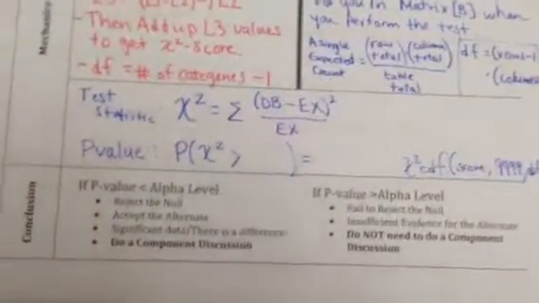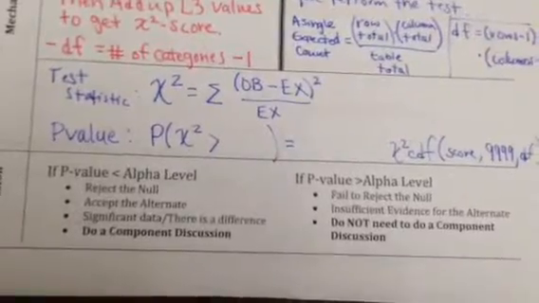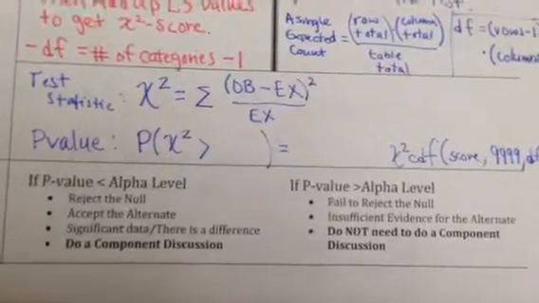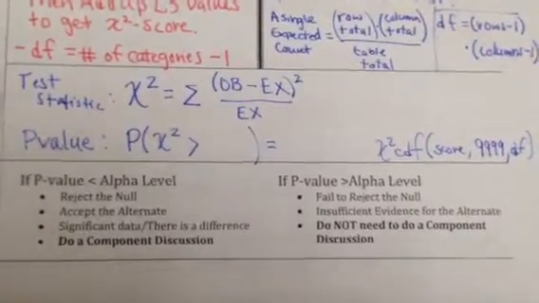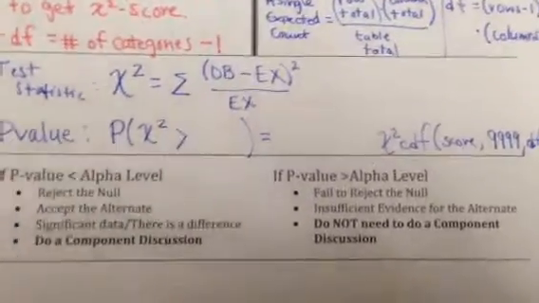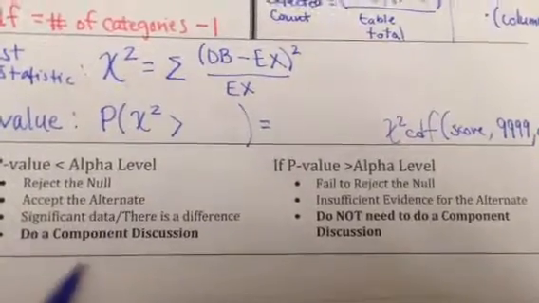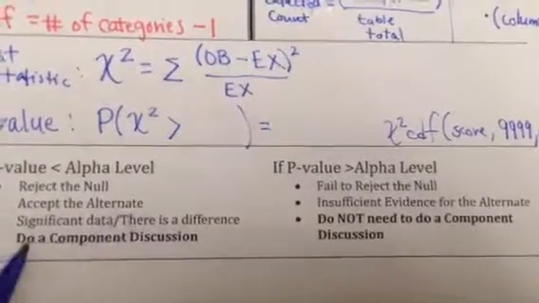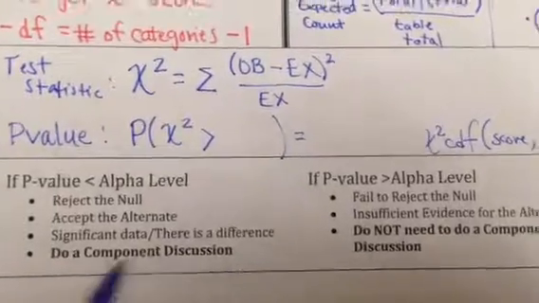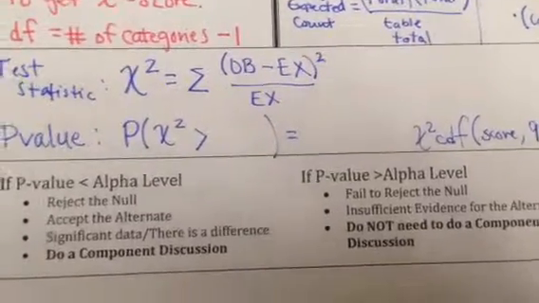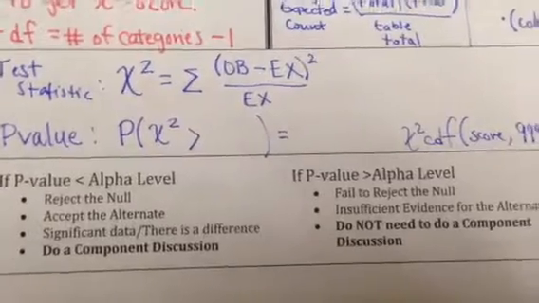And the last thing, I've already typed it in for you, is how do you write your conclusions? It's the same as always, the reject and fail to reject. But there's this new thing, we don't have any confidence intervals. So because of that, we want to actually extend our conclusions. If we reject, we want to say, what do we actually know about the differences between the observed and expected?